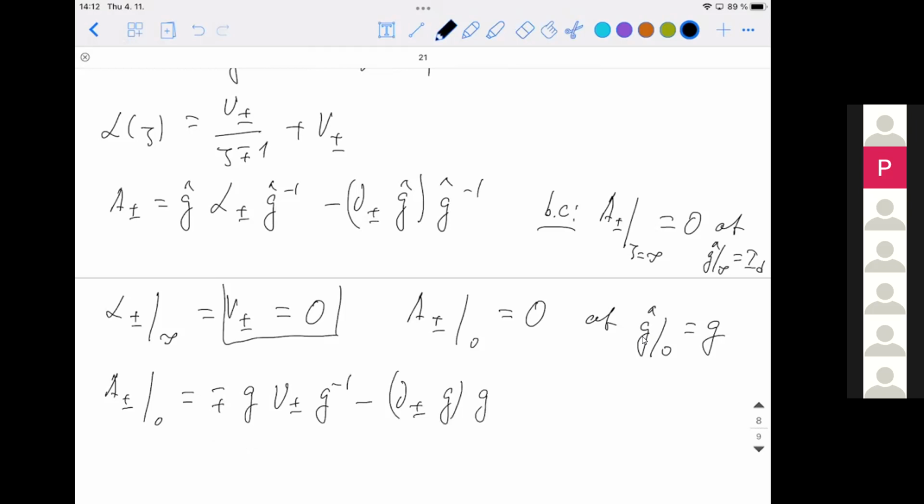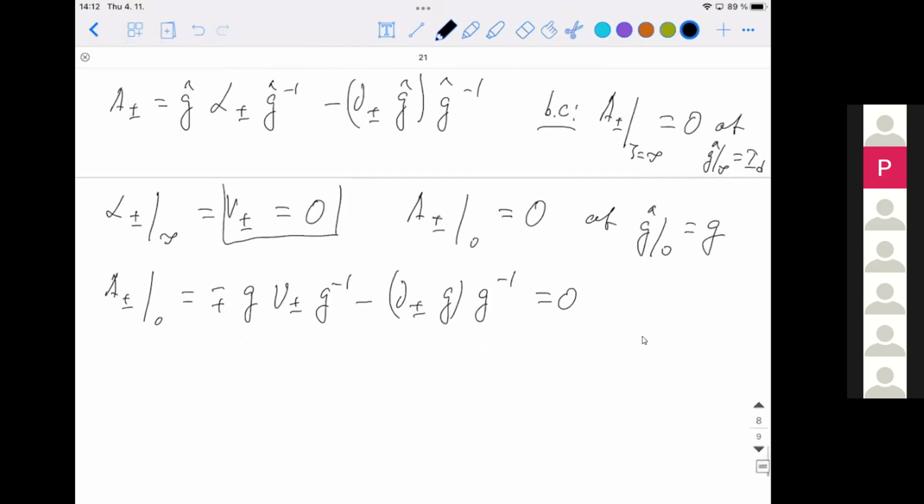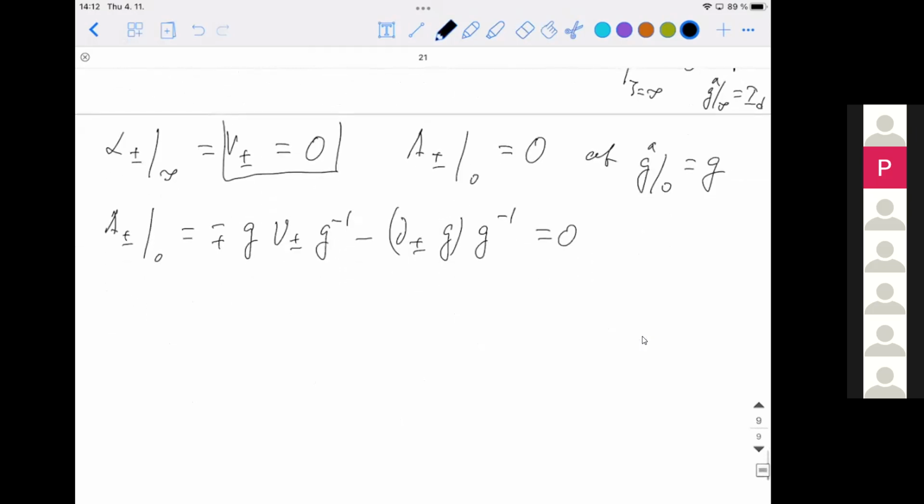This and this. And this is 0. So that just tells us that U plus minus is this.